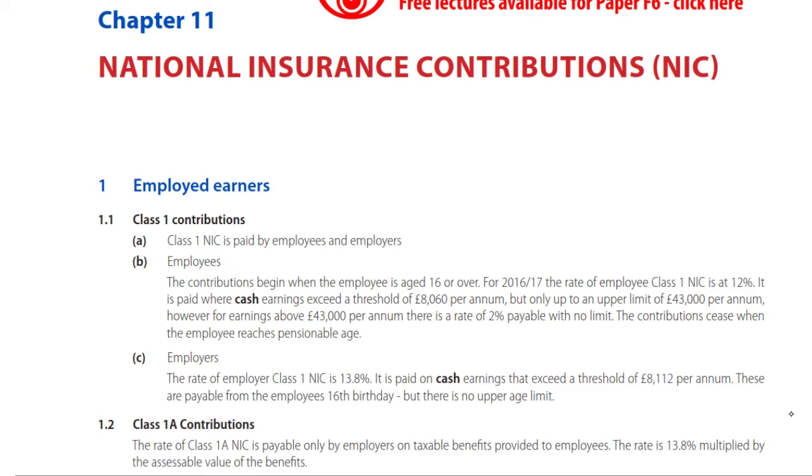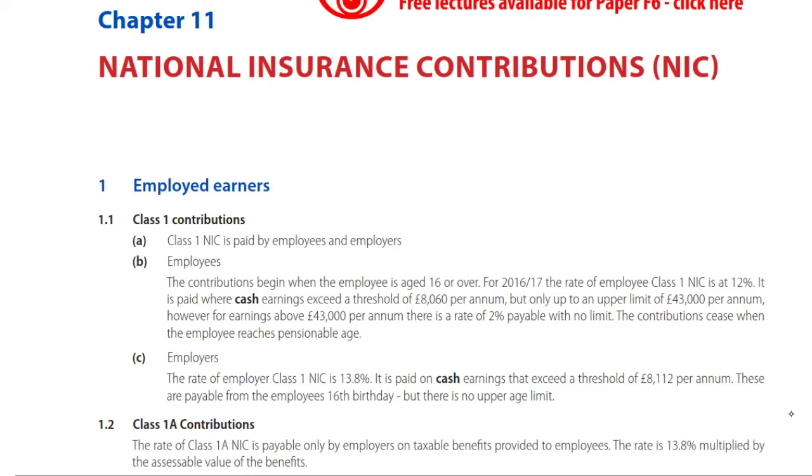Now, the first category of people that we need to see in terms of workers is employed earners. So far as people in employment are concerned, both an employee and an employer may be required to pay national insurance contributions in relation to their salary or wage. What we'll then move our attention to is the self-employed.